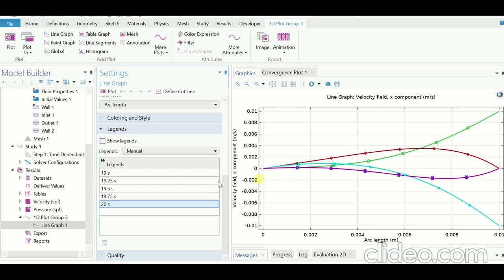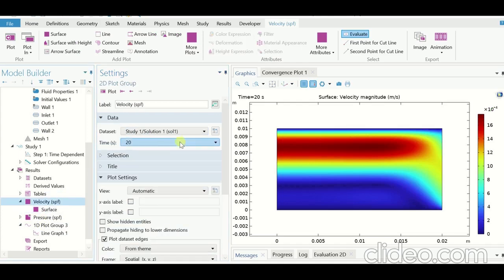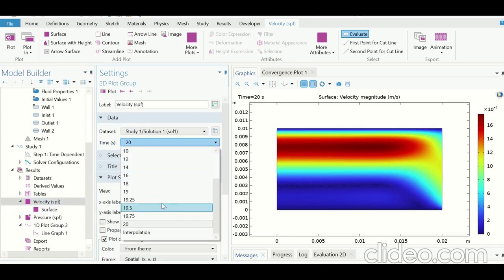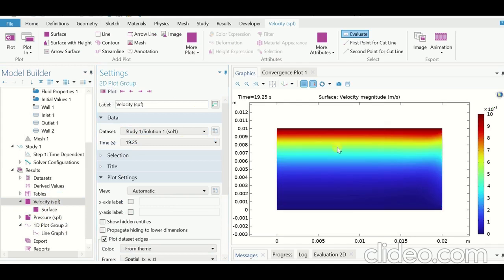Let us also observe this on the surface. Here you can see the velocity profile at 19.25. At this time the plate is moving to the right.